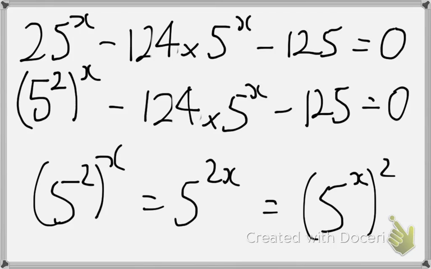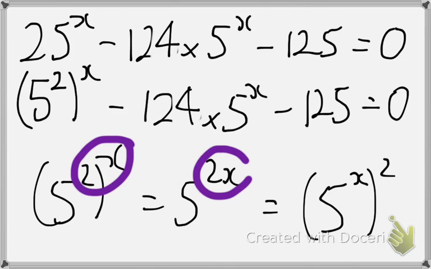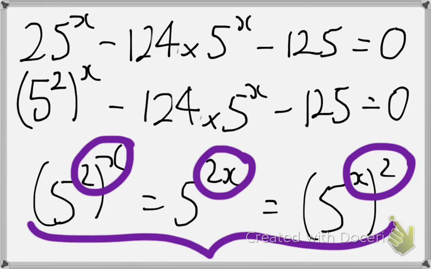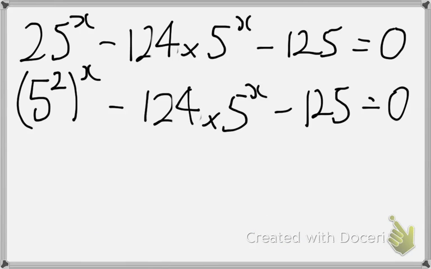Now remember, using our indice laws, this is 2x, this is 2x, this is also 2x. So if I write it any of these ways, it is true. So I rewrite this term like this.